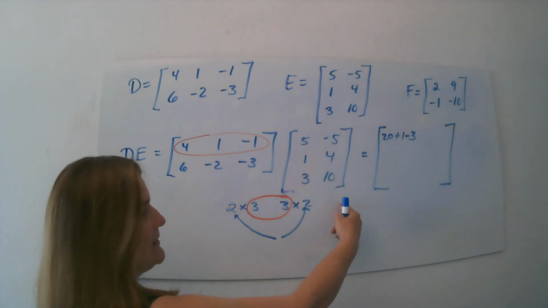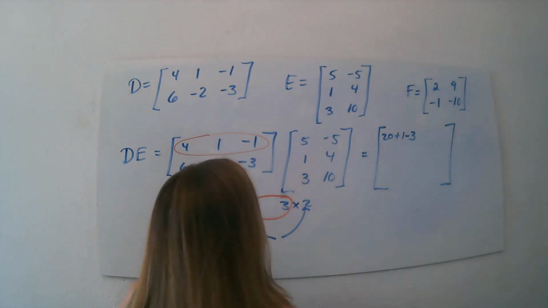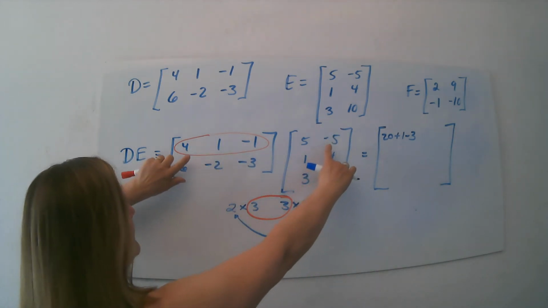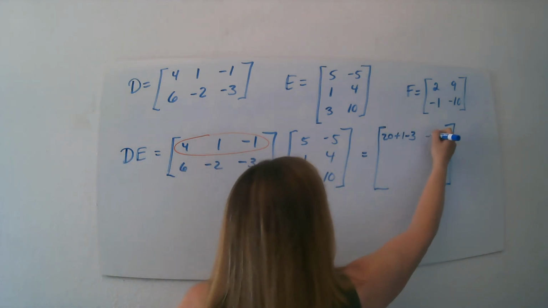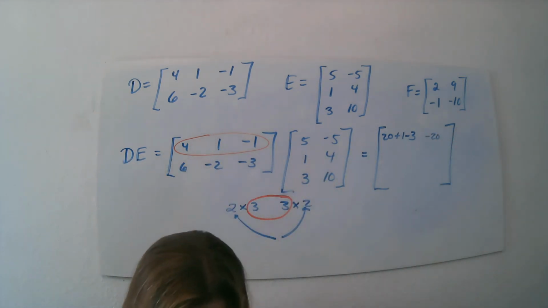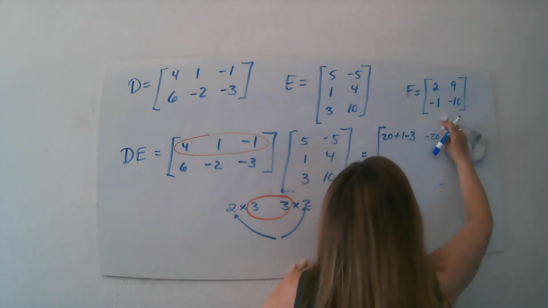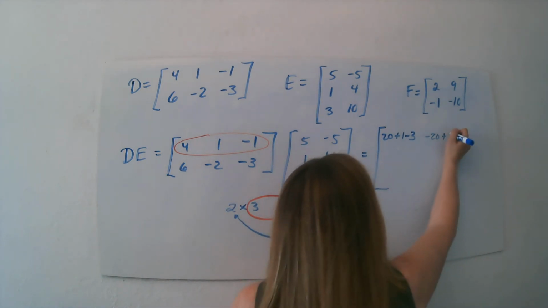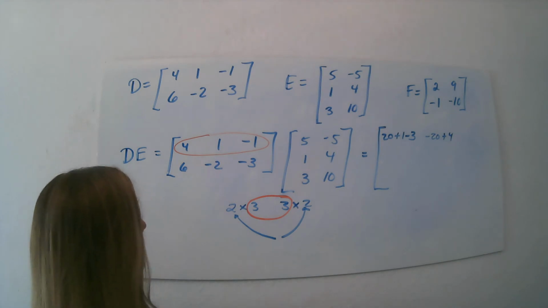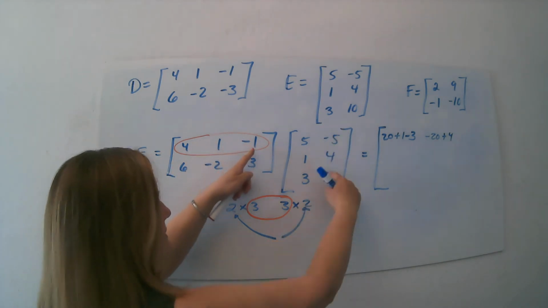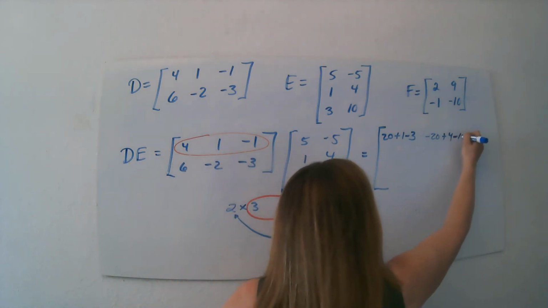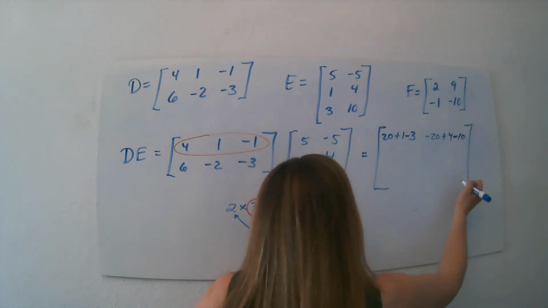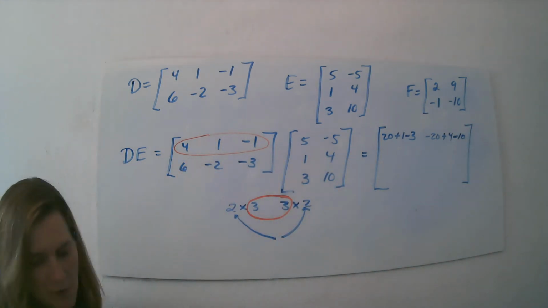First row, second column, so our entry will go right here. We'll have negative 20 plus 4, plus 4. So I'm looking at this row, this column, negative 20 plus 4 minus 10. And that takes care of our first row.